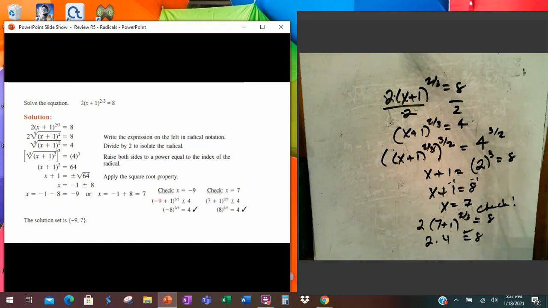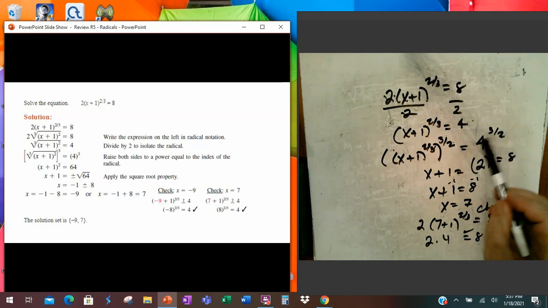Now here what I did was correct, okay? However, when I did this piece of it, I have to be careful, in that when I take the square root, you remember I need to do plus or minus.